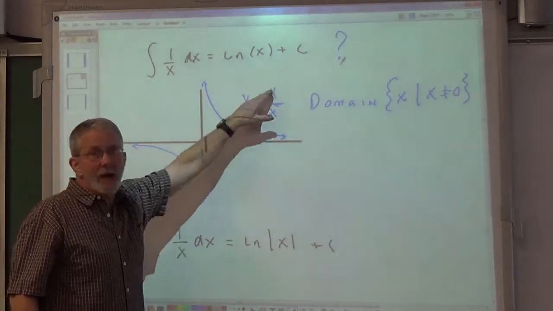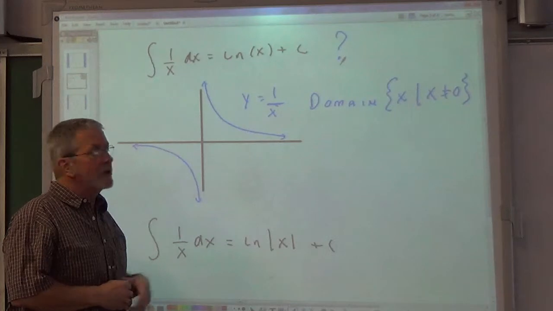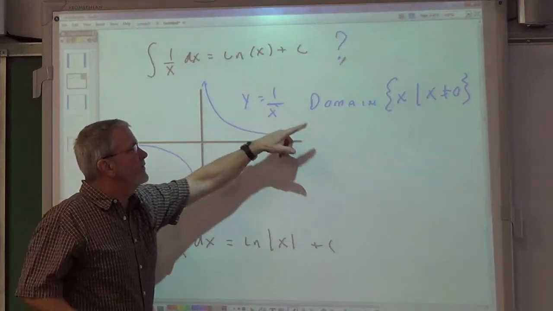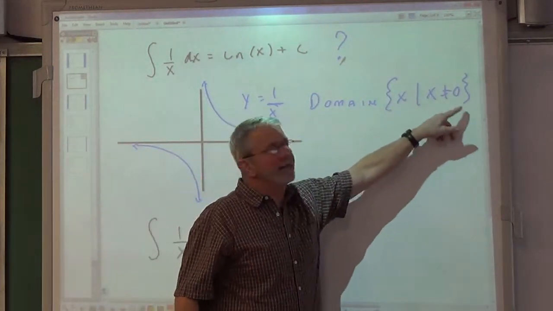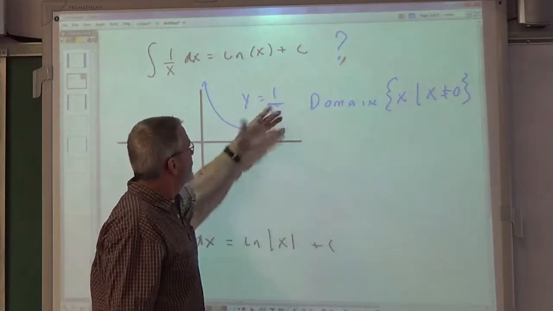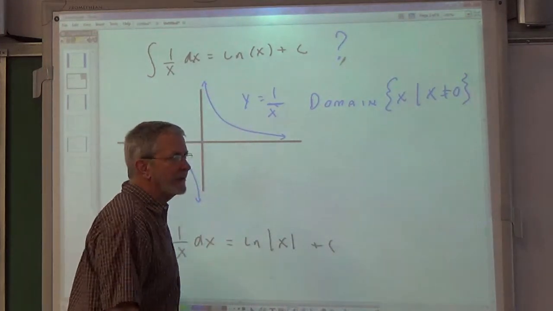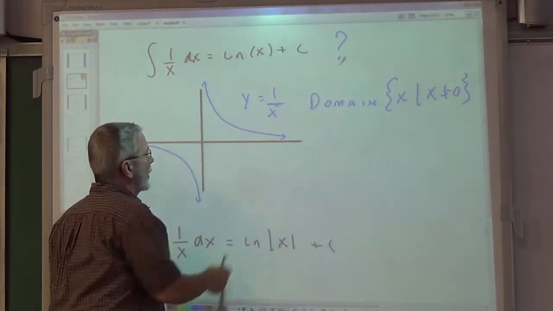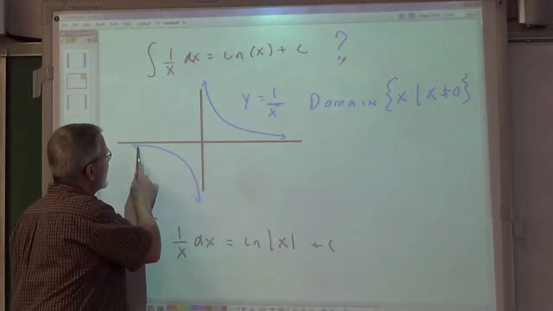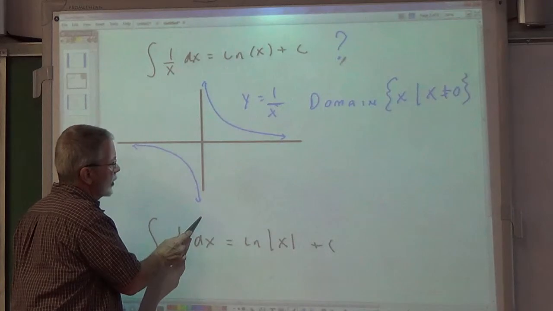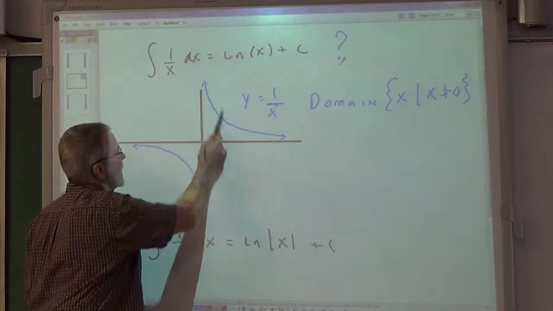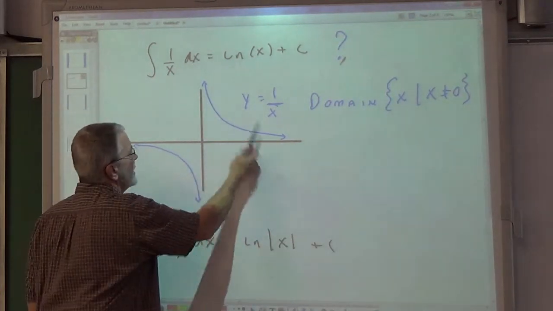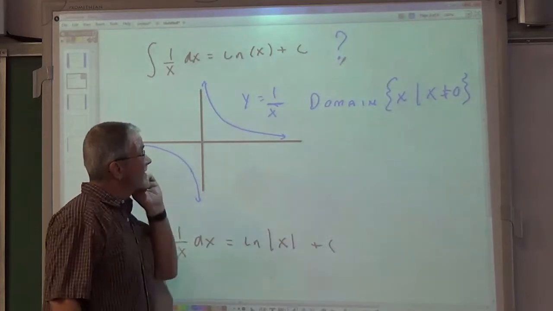Well, if I look at the graph of 1 over x, the domain of 1 over x is all x such that x does not equal 0. This is a simple rational function. We learned last year and several times this year that the graph of 1 over x is this always decreasing function that explodes down at 0, it explodes up as I approach 0 from the right, but this is the graph of 1 over x.